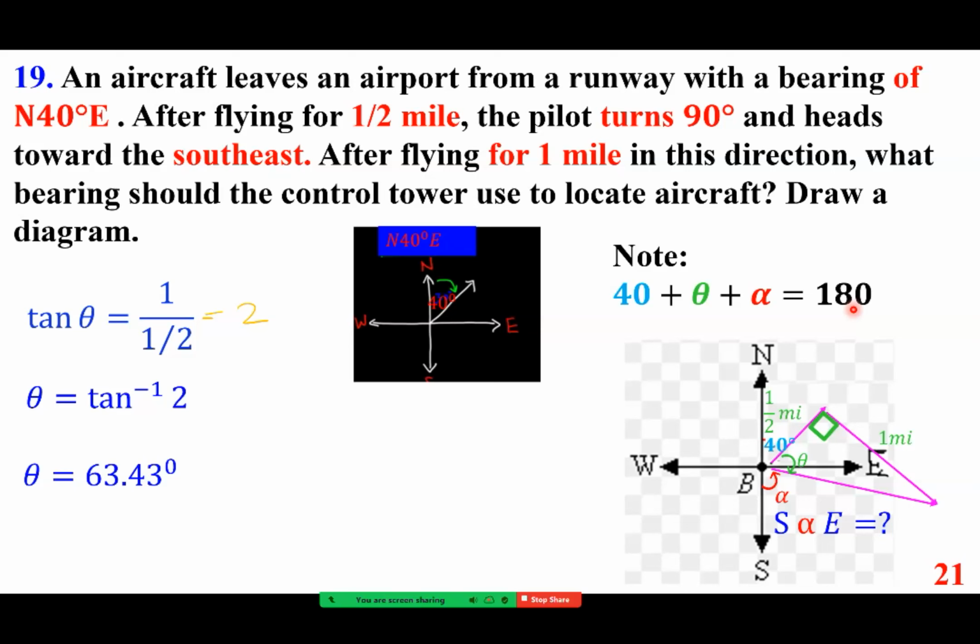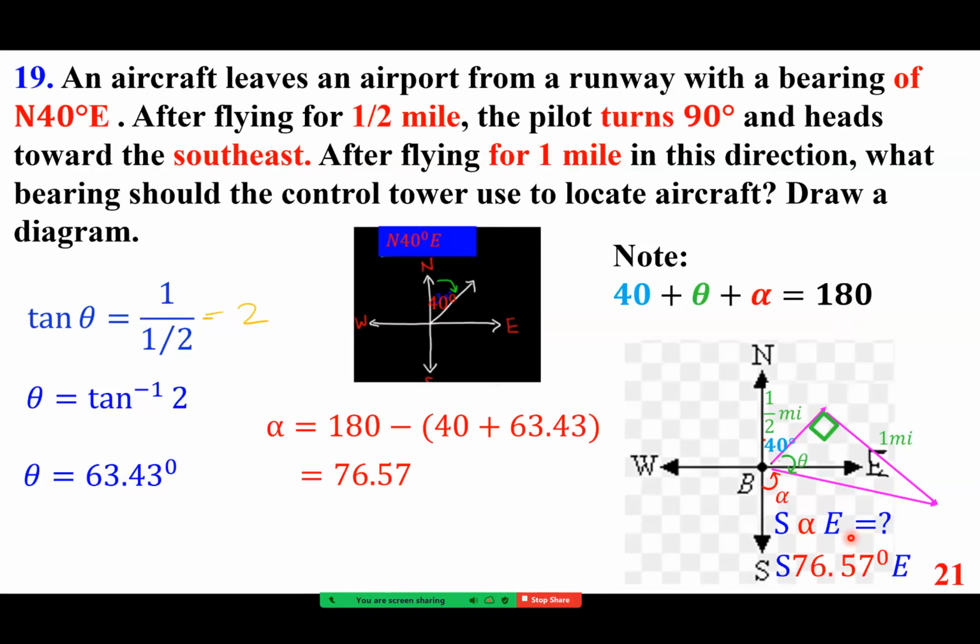So if I subtract 40 plus 63.43, which makes it 103.43, from 180, I get my alpha, which is 76.57 degrees. And so now south 76.57 degrees east. We found that.